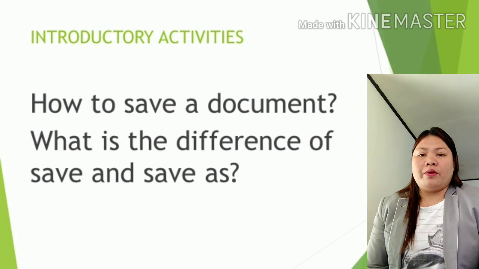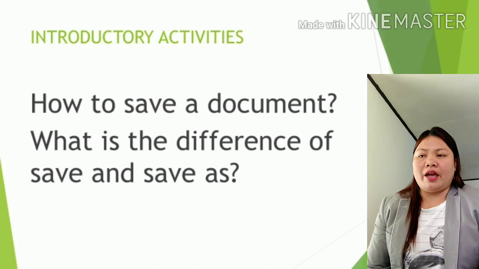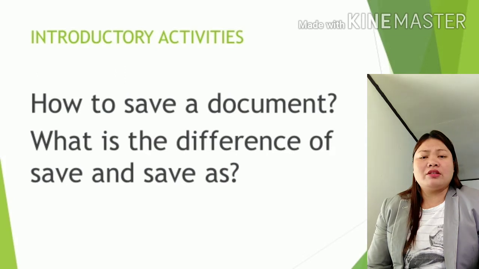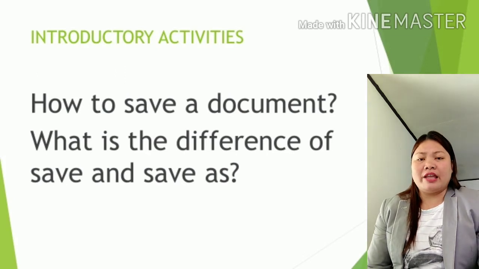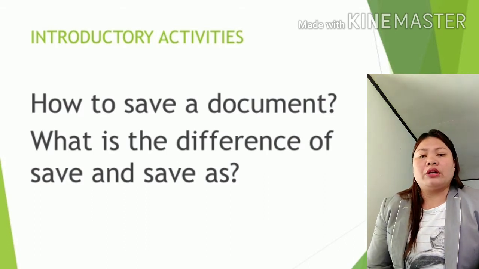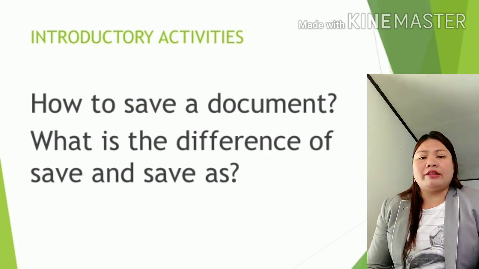Okay, so for our review, who can recapitulate our previous topic? Yes, our topic is about how to save a document and what is the difference of save and save as. In saving the document, class, you will go to the file menu and then click save. Okay, so now what is the difference of save and save as?